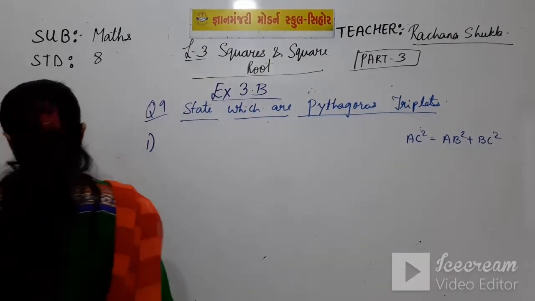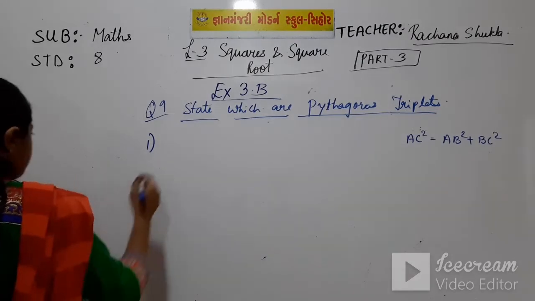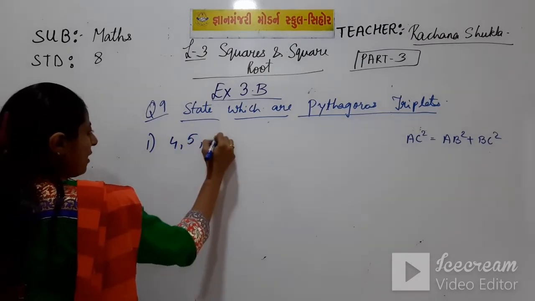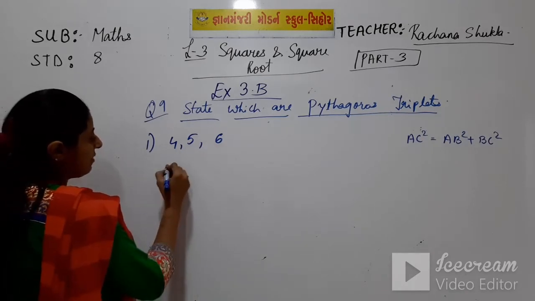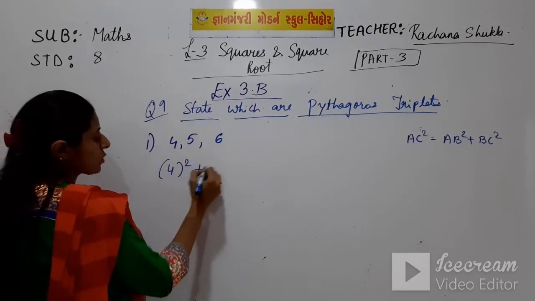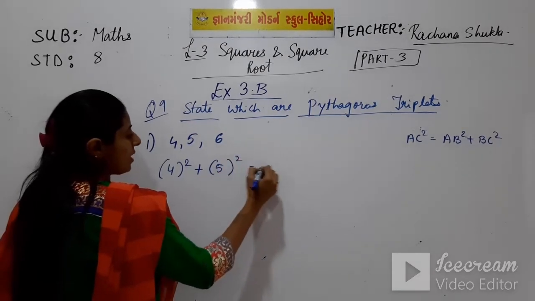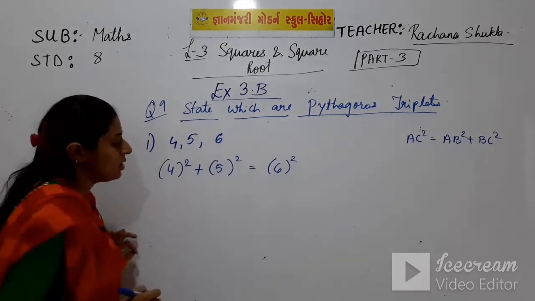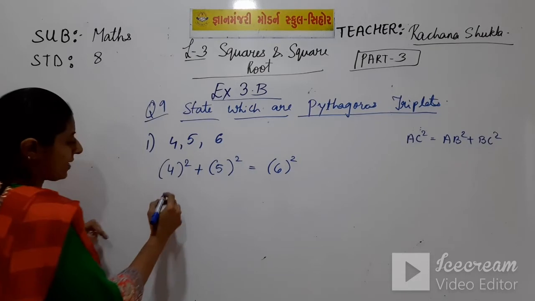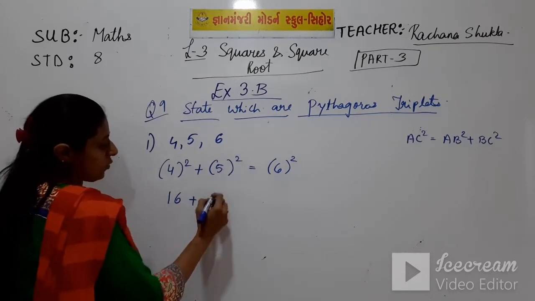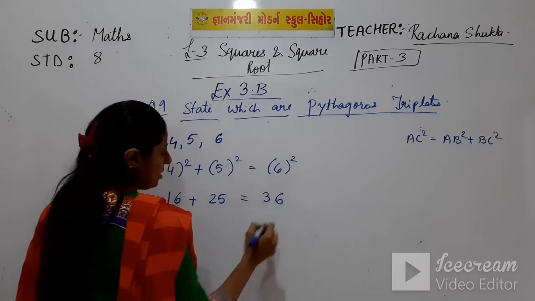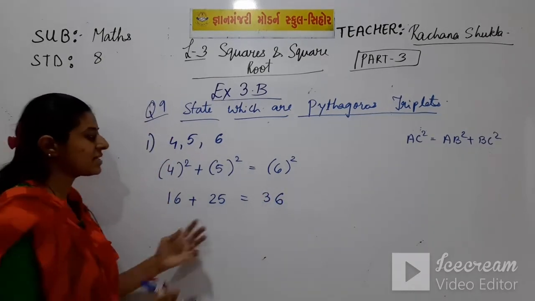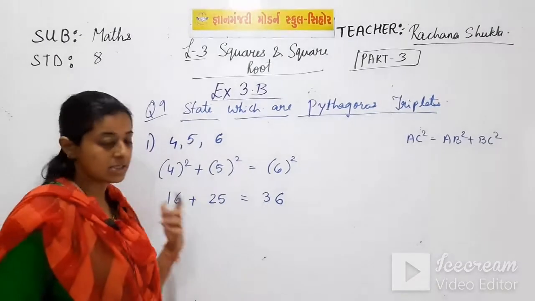So starting with number 1, that is 4, 5 and 6. We will calculate 4 square plus 5 square is equal to 6 square. 4 square is 16, 5 square is 25 and 6 square is 36. 16 plus 25 is 36?